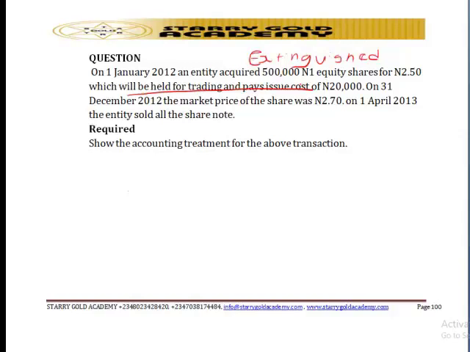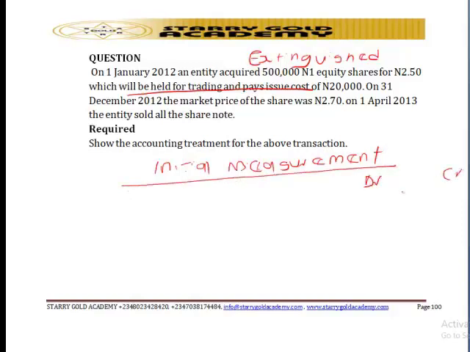On initial measurement, I don't joke with my journal or my ledger. Very, very important. Financial assets.